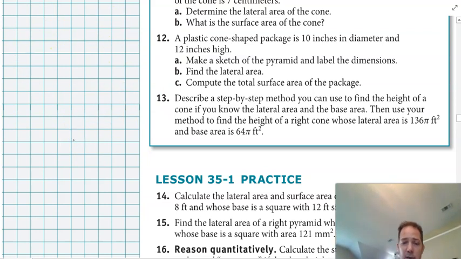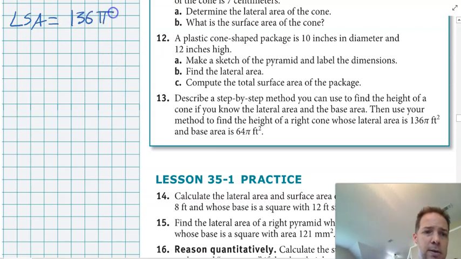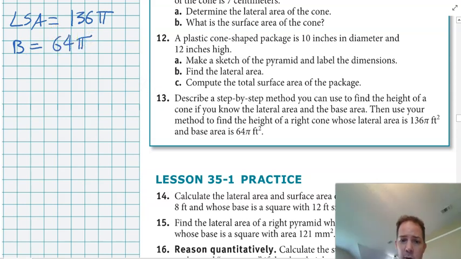So it says use your method to find the height of a right cone whose lateral surface area equals 136 pi, and base area equals 64 pi. So looks like we can start with the formula, plug in what we do know, and see if we can solve for the height.